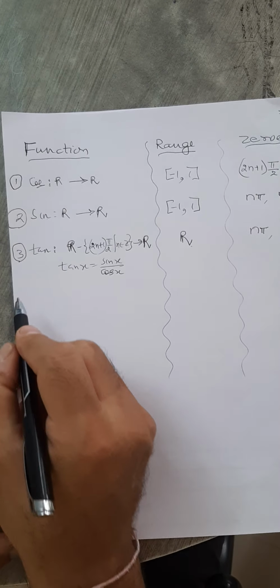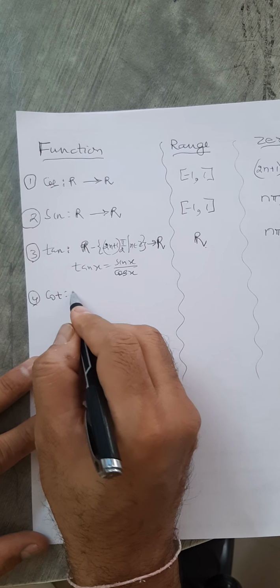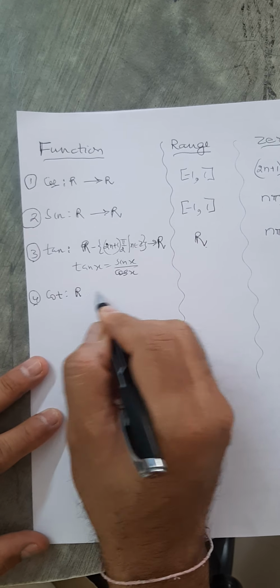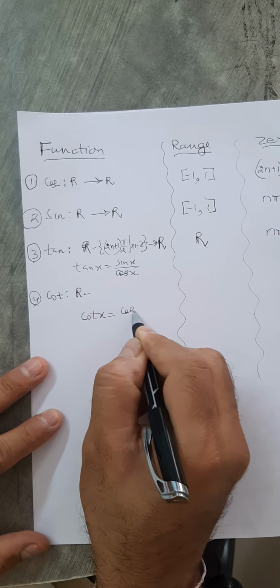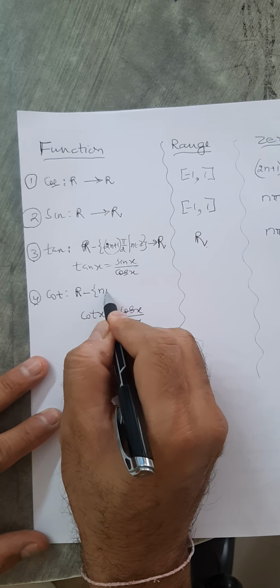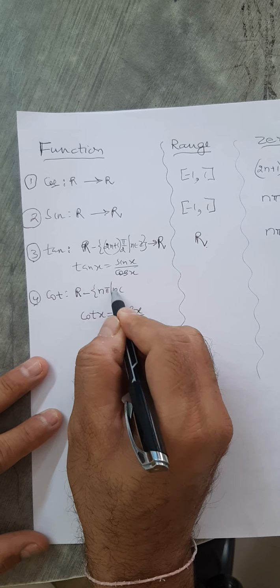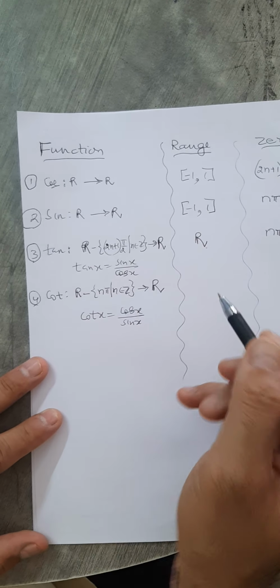Next, I'll come to the fourth, cot function. Cot is a function from real numbers minus, cot x is nothing but cos x upon sin x. So you are going to write what here? Minus n pi, where n belongs to Z, to all real numbers.